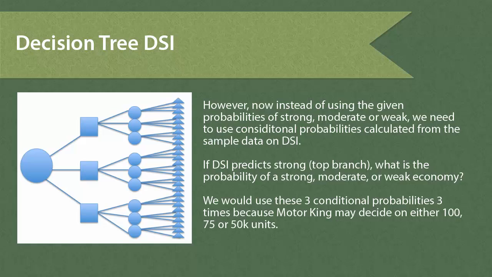We can use those three conditional probabilities 3 times for the 100K, 75K, or 50K production run. So we end up with 3 times 3, or 9 possible results to consider.